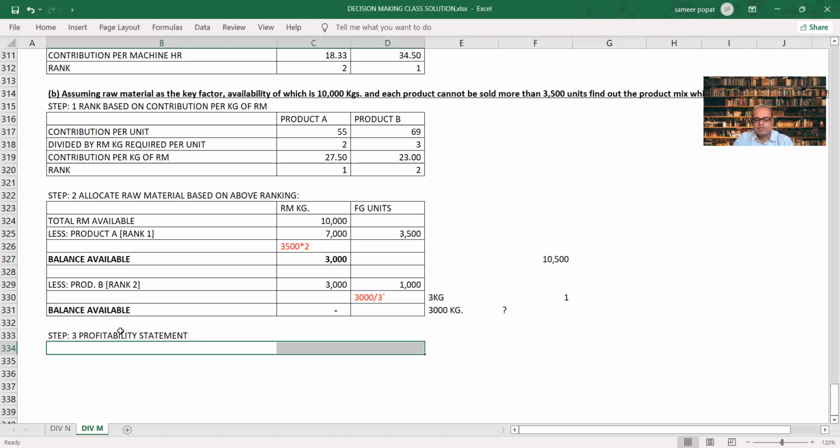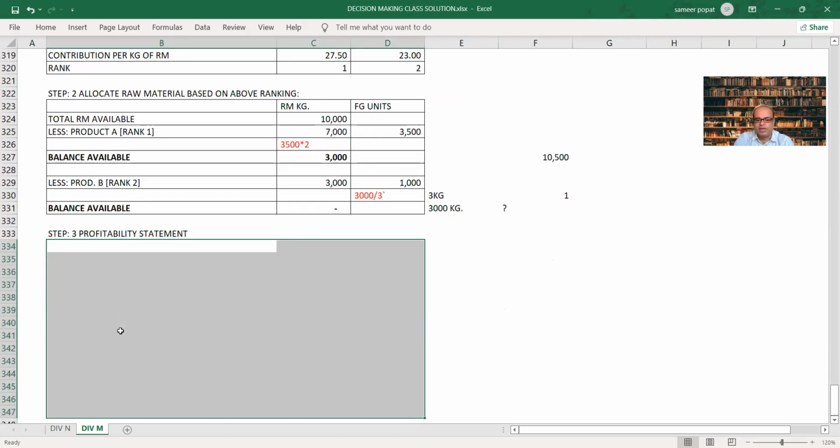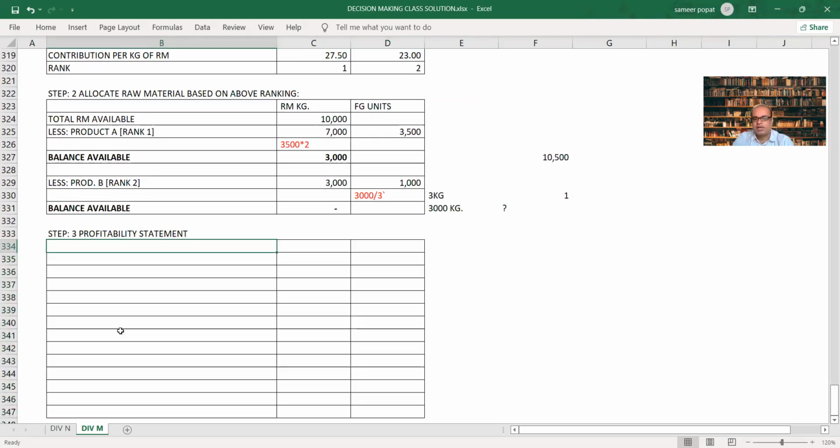Now, in this profitability statement, we need not show the detailed profitability. So directly we can start with contribution from product A. Just see the quantity as per the allocation table.